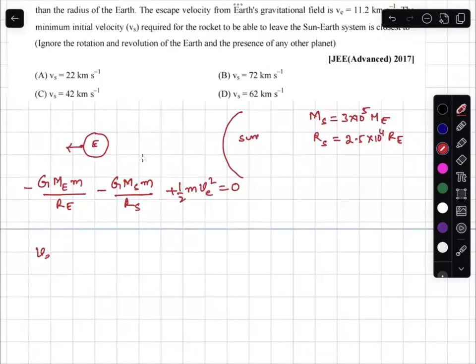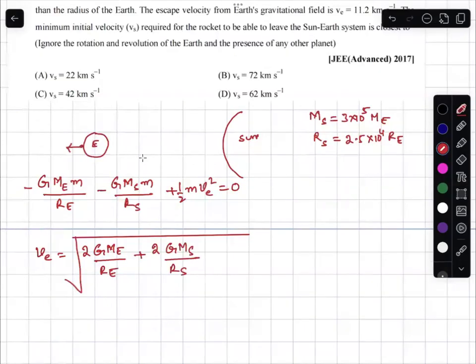Therefore, V escape is under root 2 times G ME by RE plus 2 times GMS by RS.